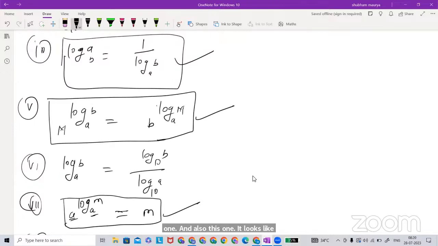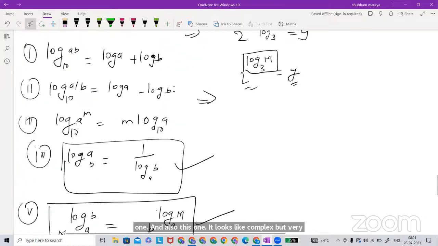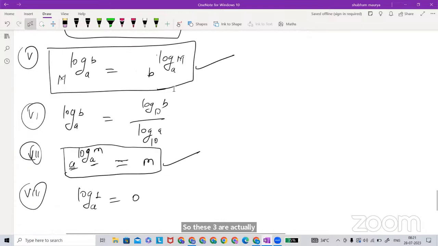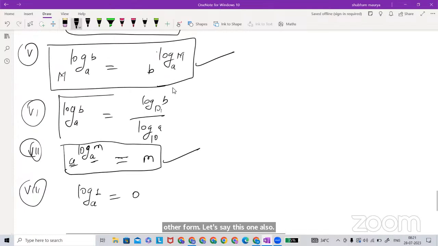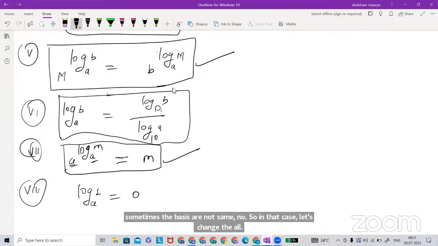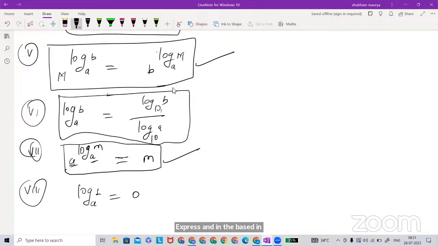So these three are actually important. And rest all other formulas. Yeah, this one is also very useful sometimes. Sometimes the bases are not the same, no? In that case, let's change all the expressions to base 10 and then try to solve. Okay, these four are actually important.